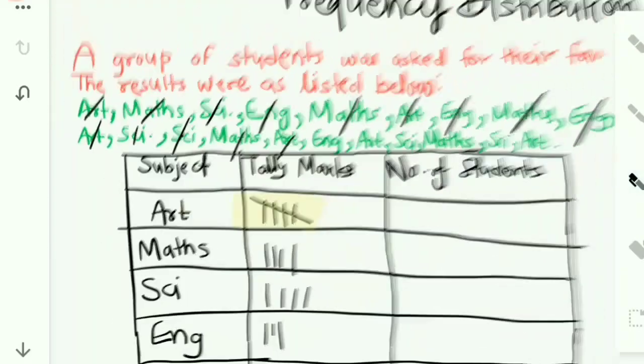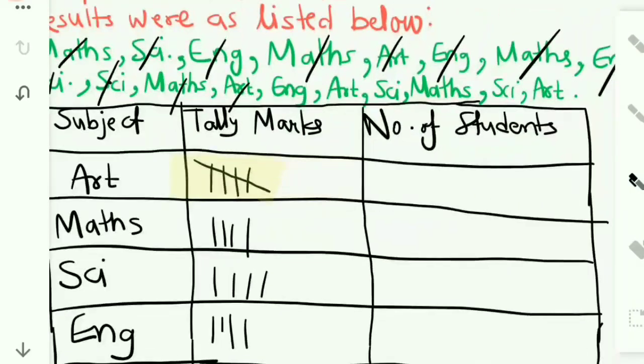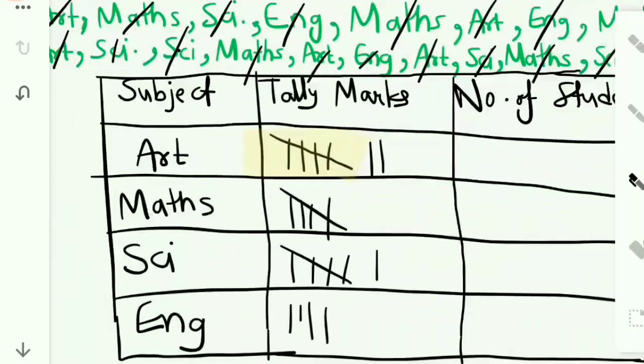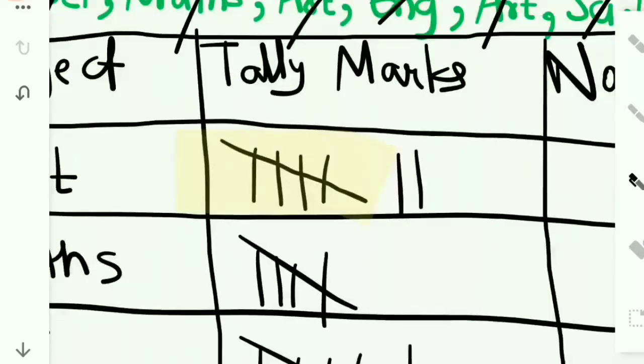Okay. Now art is gone. Next is English, art again, science again, maths, science, art.